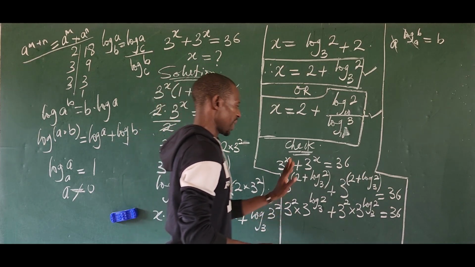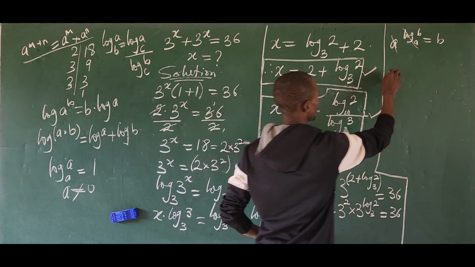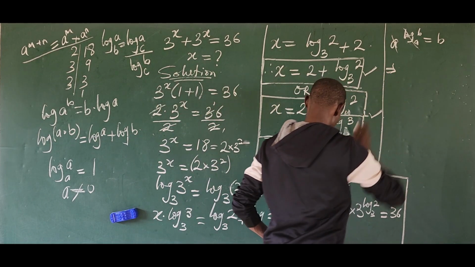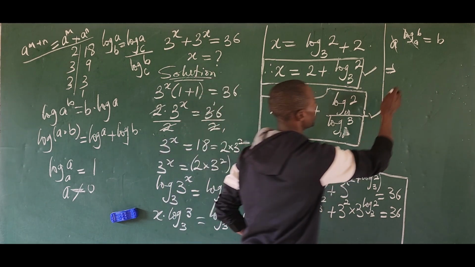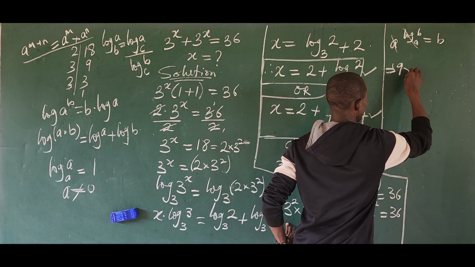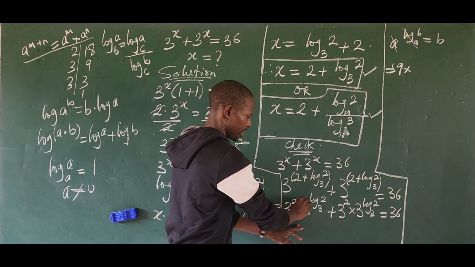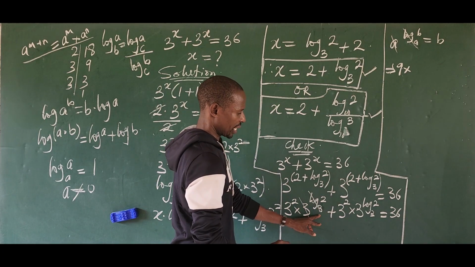So if we apply that to this, this now implies 3 to the power of 2 will give us 9, then times, this will go with this, so we are now left with 2.